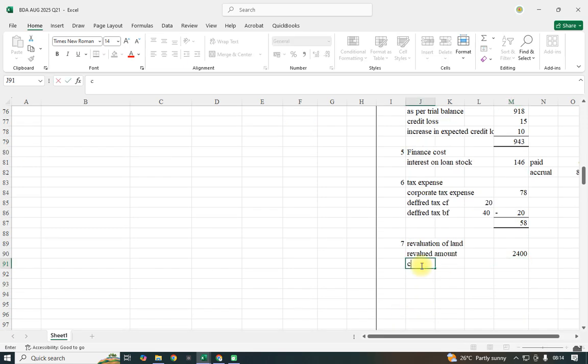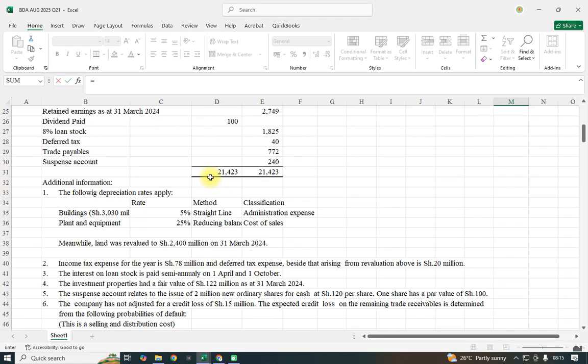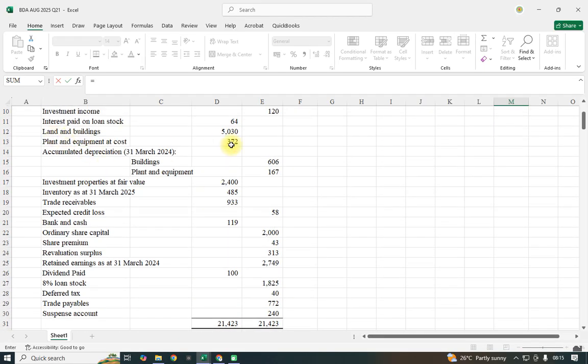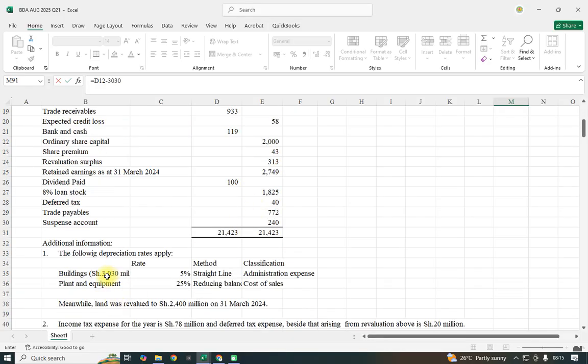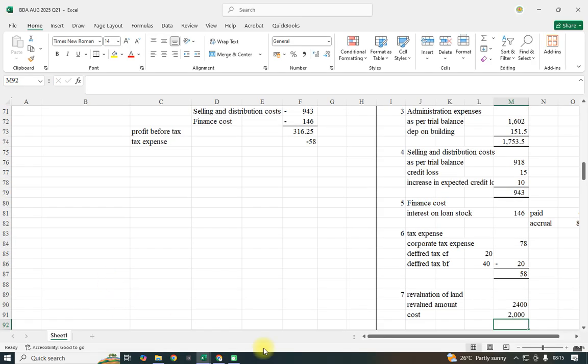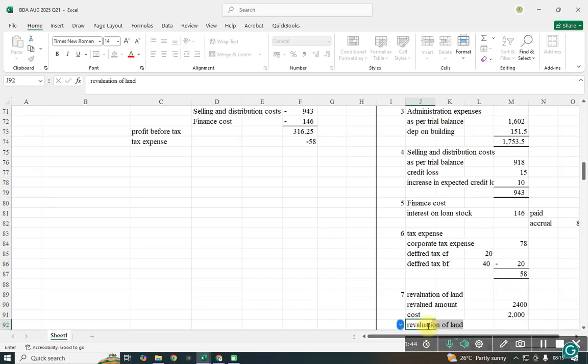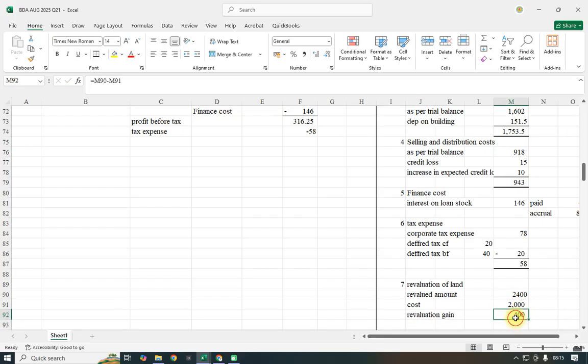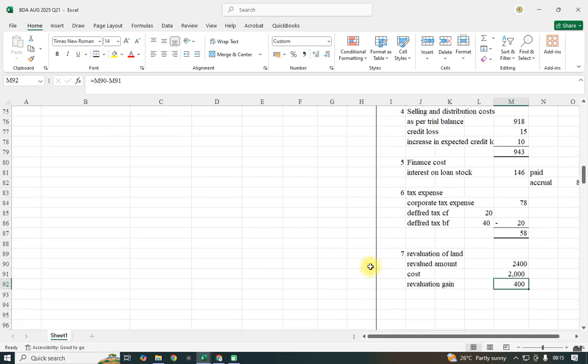Then the cost of the land was what, so that we get the gain or loss. When you look at the statement, we have land and building at 5030, and 3030 was the value of building. So the remainder will be the value of land, which was 2000. So we shall have a revaluation gain of the difference between the two, 400.